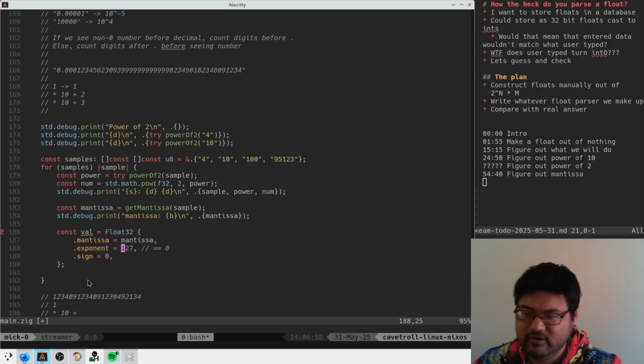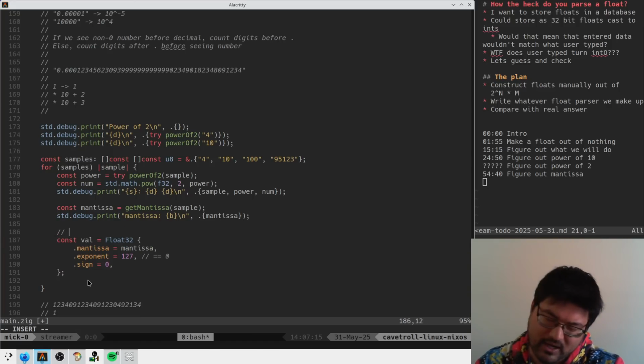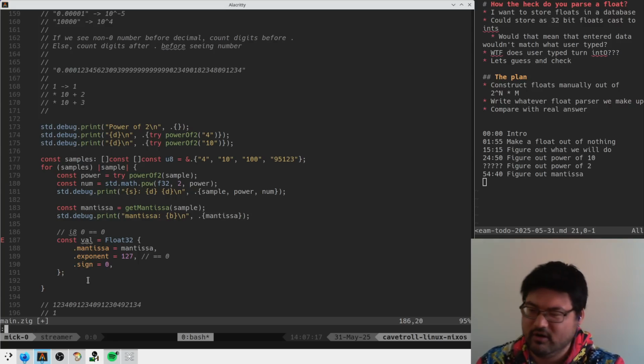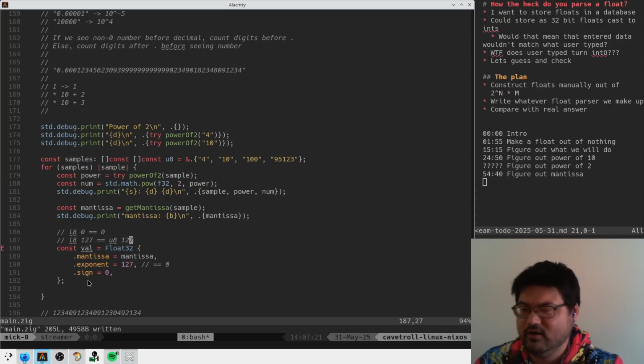Mantissa. And then this is going to be, exponent needs to be, so if we have I8 0 is 0, I8 127 is equal to U8 127, and then it wraps around.